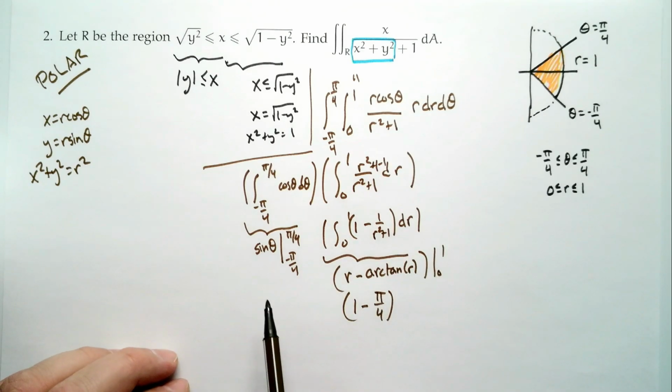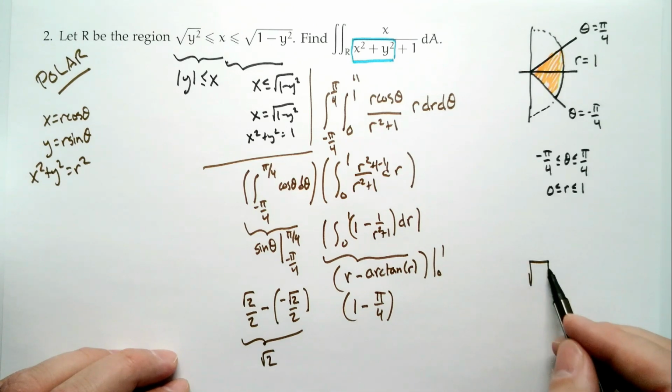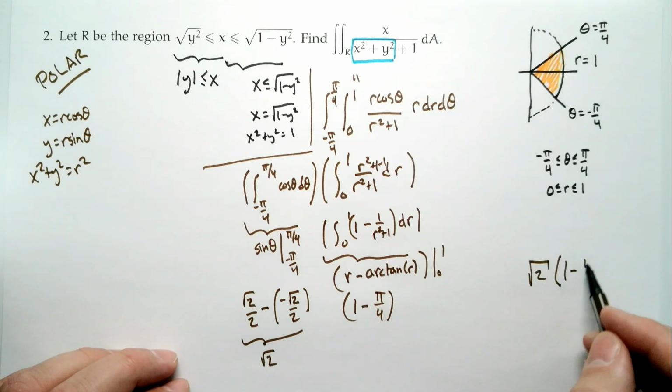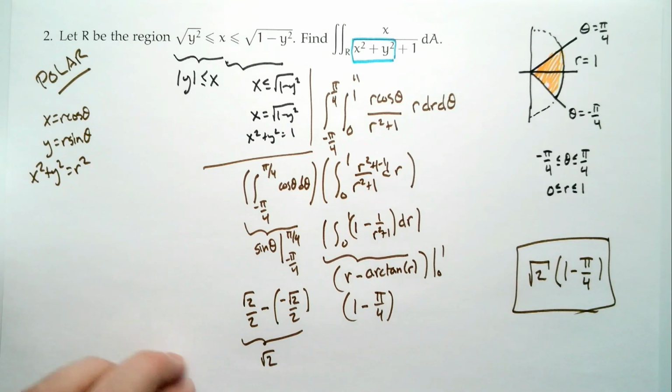So we'll get sine of pi fourths, which is root 2 over 2, subtract sine of negative pi fourths, which is negative root 2 over 2, which means that from this piece we'd get a root 2. So if you put it all together, our final answer is square root of 2 times 1 minus pi over 4. And there you go. That's it.